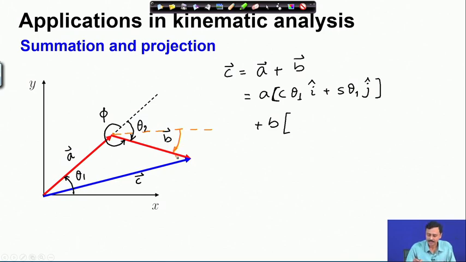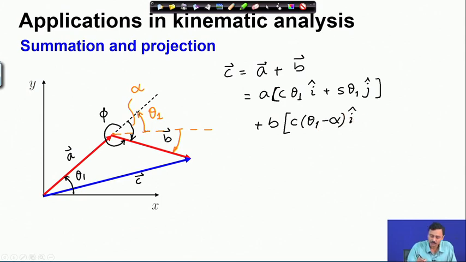So, if I measure this angle, you can see that this angle is theta 1, and suppose I call this angle some alpha, then this expression becomes cosine of theta 1 minus alpha i cap.